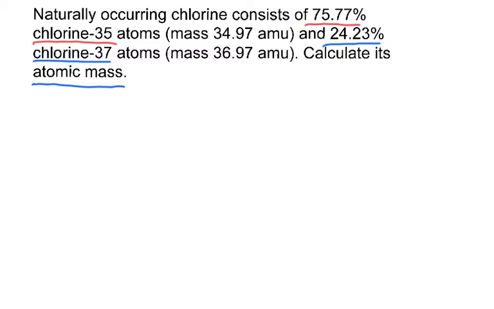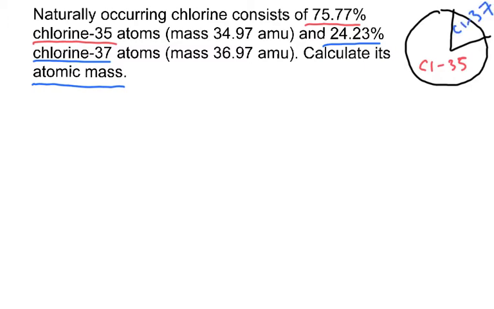So this is saying, if we think about this in terms of pieces of a whole, that the majority is going to be from chlorine-35, and less so is going to be from chlorine-37. So whatever our final answer is, it's going to be closer to 35 than 37. It's going to be a helpful way for us to check ourselves.